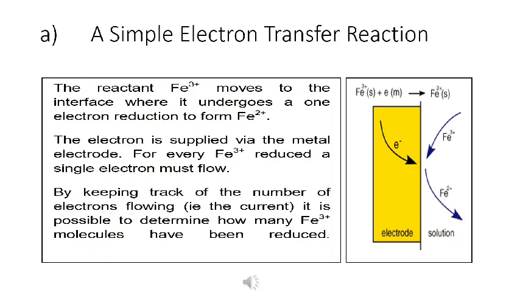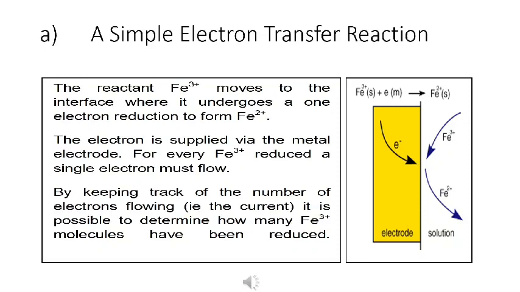When there is enough energy at the cathode, the electron will jump into the outer orbital of ferrum 3 plus. So the electron will go into that LUMO, changing ferrum 3 to ferrum 2.